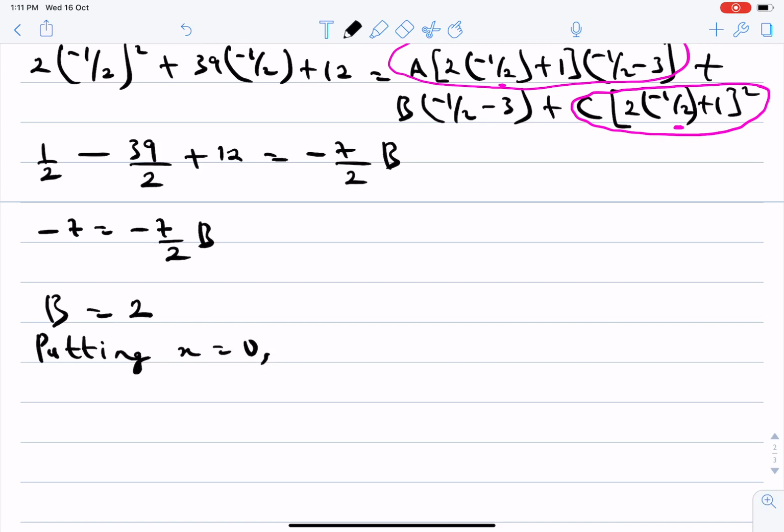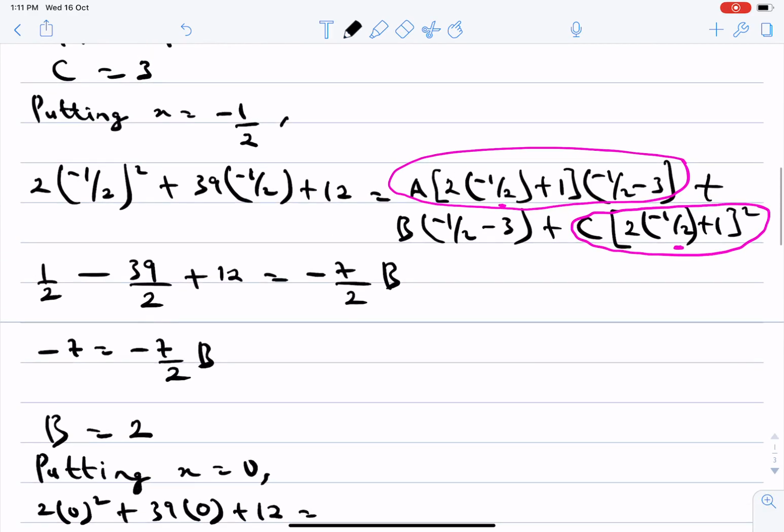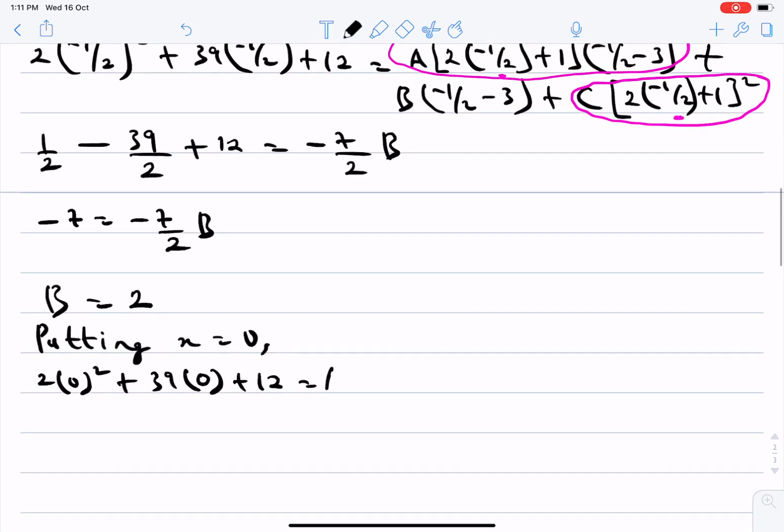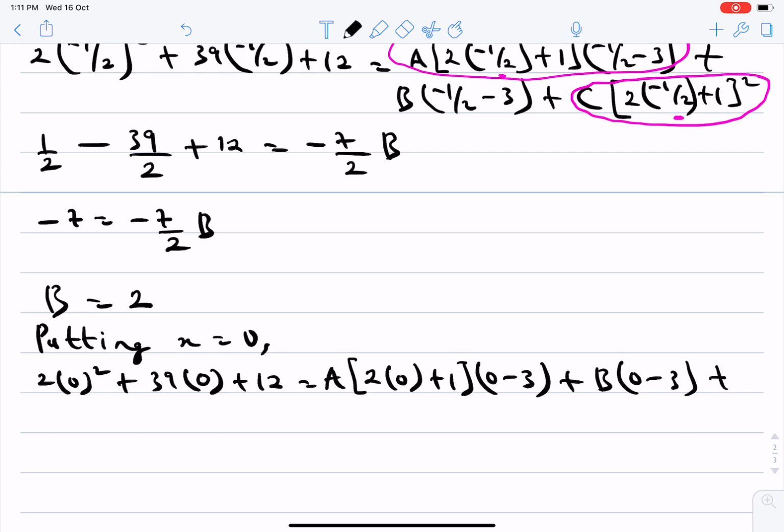That means 2 times 0 squared plus 39 times 0 plus 12 is equal to a times 2 times 0 plus 1 times 0 minus 3, plus b times 0 minus 3, plus c times 2 times 0 plus 1 all squared.